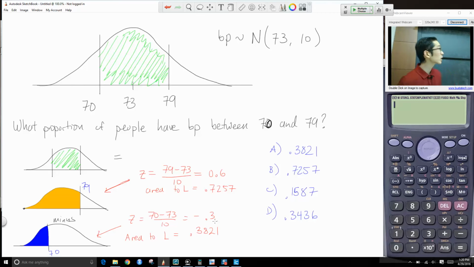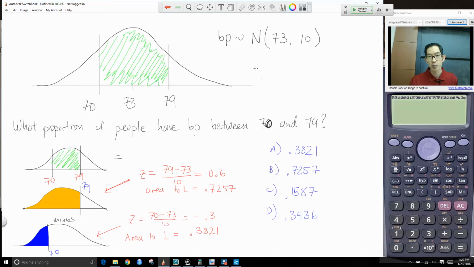Okay? So this is not the area that I'm looking for. I want this area in between 70 and 79. And so I'm going to take the difference between these two values. Okay?